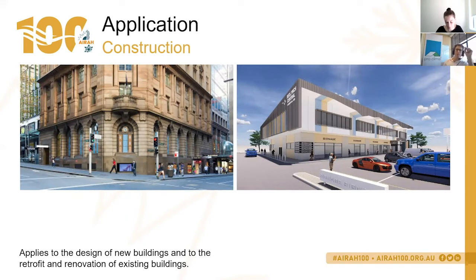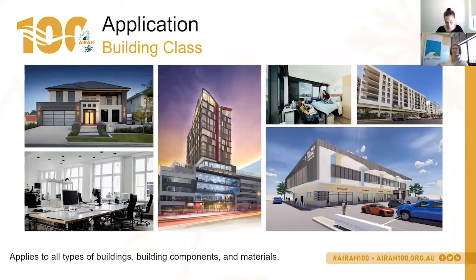So the guide applies to existing buildings and new buildings. Either, it doesn't matter. For retrofits of existing buildings, putting insulation into existing buildings, it is necessary to understand how that affects the moisture balance. Next, please. Building class: all building classes, so residential class 1, high-rise residential, offices, student accommodation, hotels, retail, commercial.